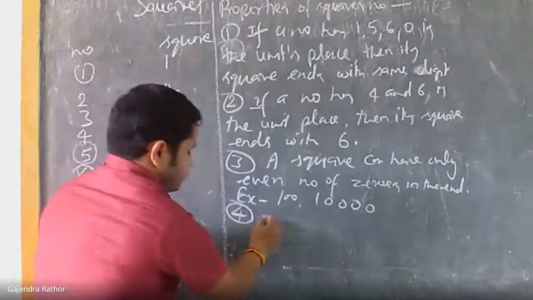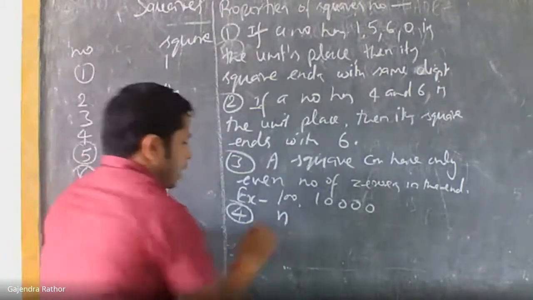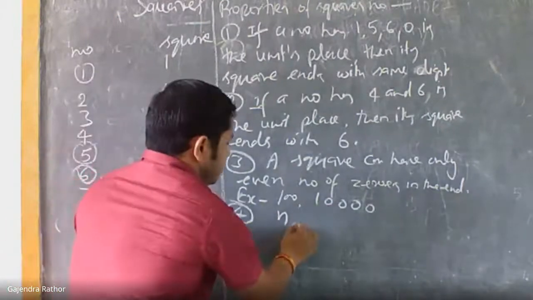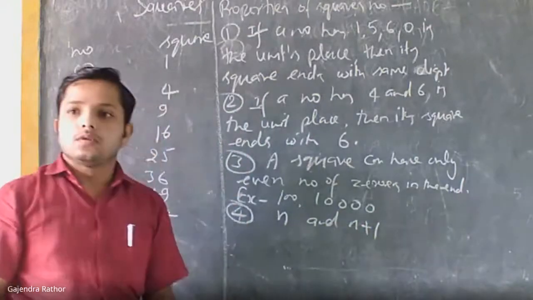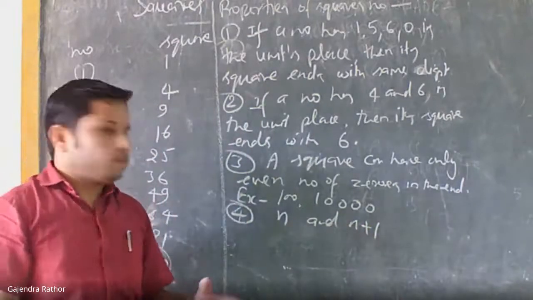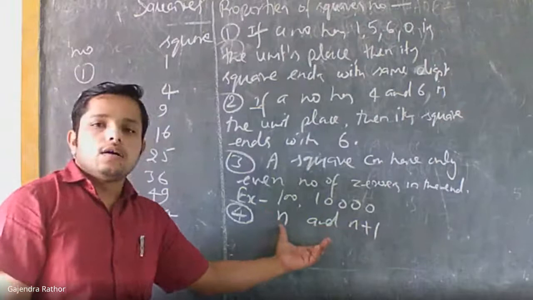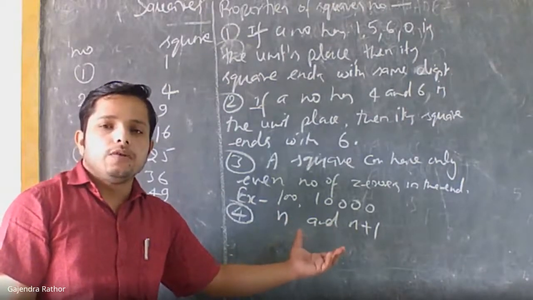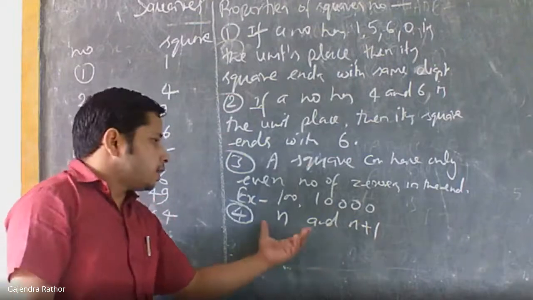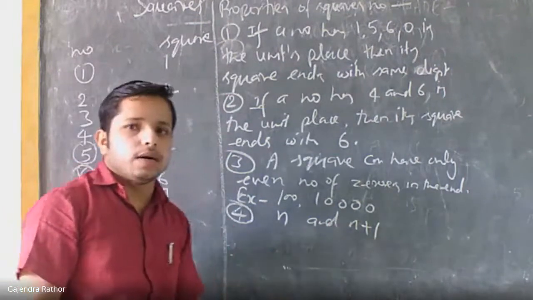Once again, if we have two numbers n and n plus 1, we have to find out how many non-perfect square numbers lie between the squares of these numbers.